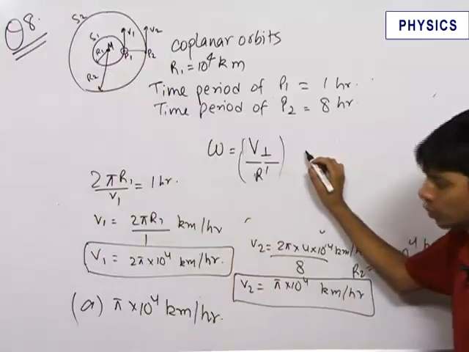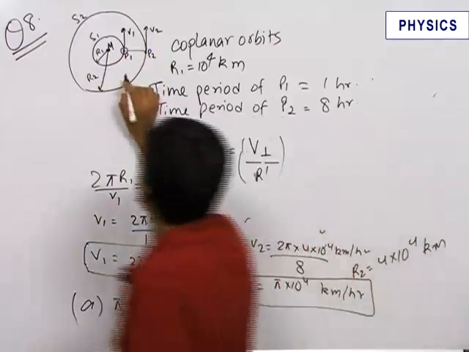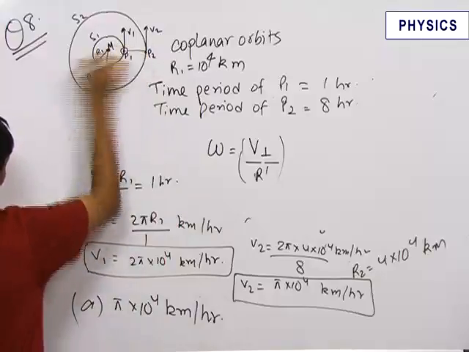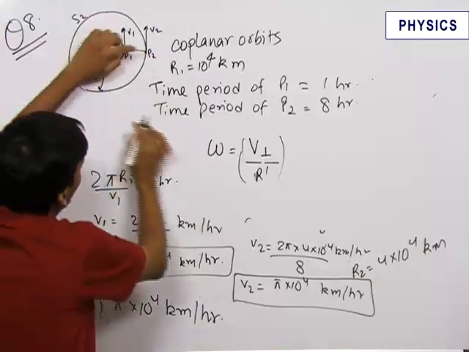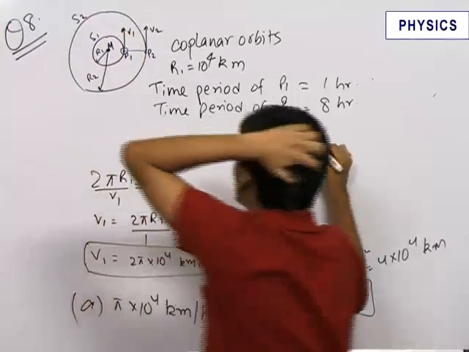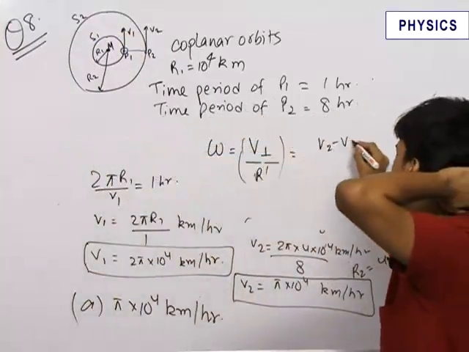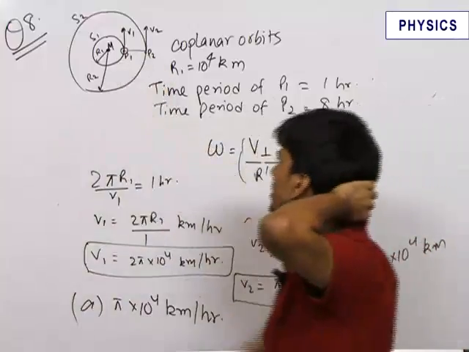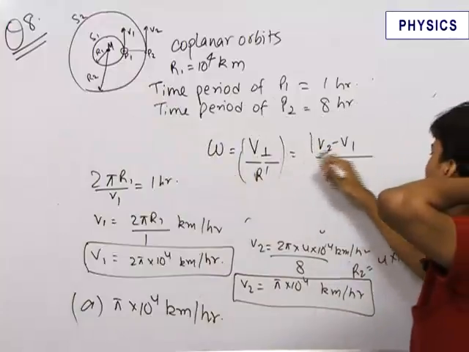So we need to find out the relative velocity of P2 with respect to P1, because our observer is in P1. Therefore, omega is equal to V perpendicular, that is v2 minus v1, upon the distance between these two, that is r2 minus r1.